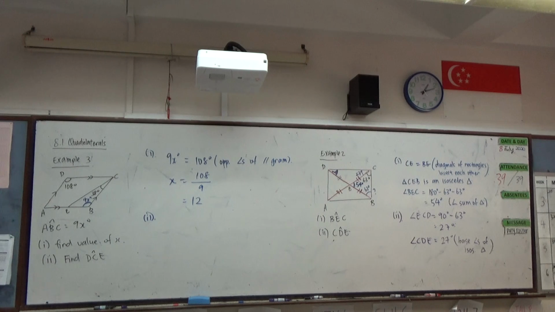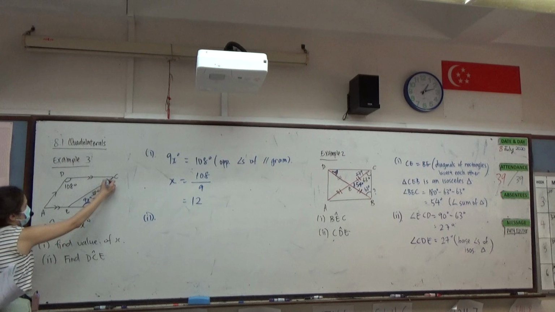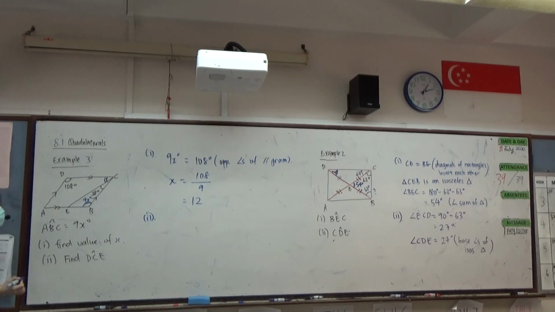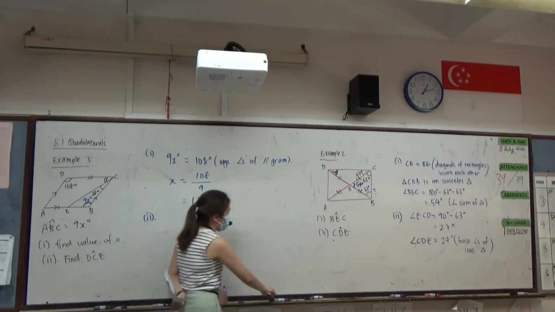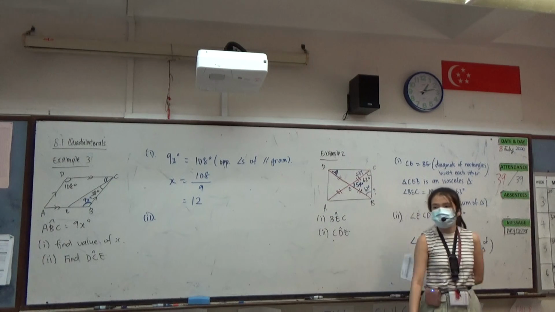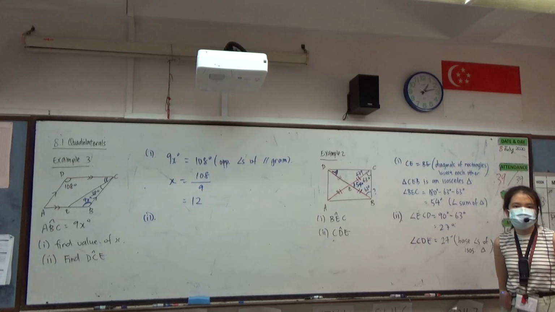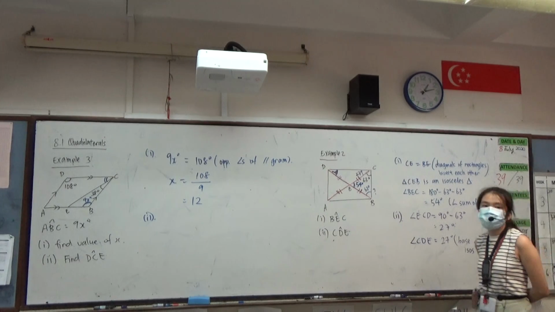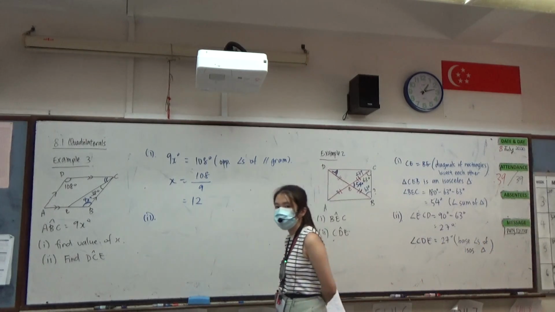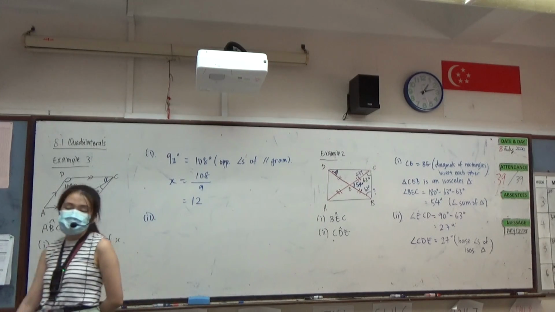Okay. Next, in part 2, we want to find angle DCE, which is this angle here. What do you think we can do then? Janice, what do you think?